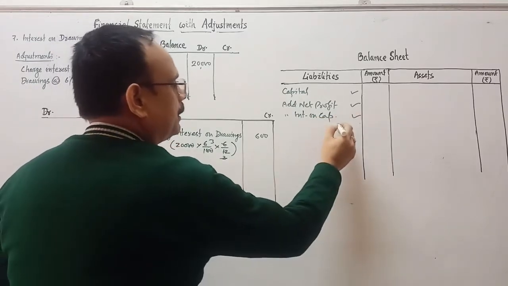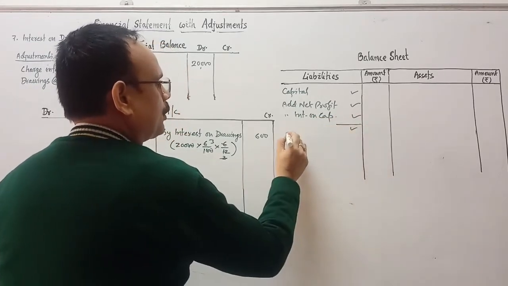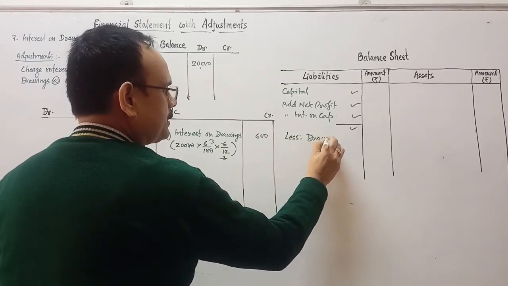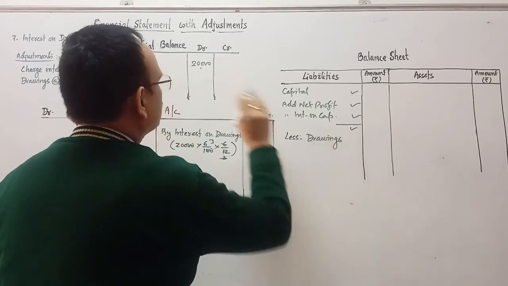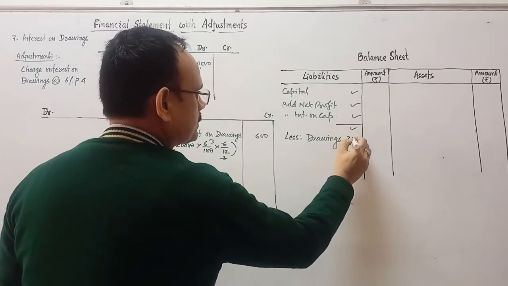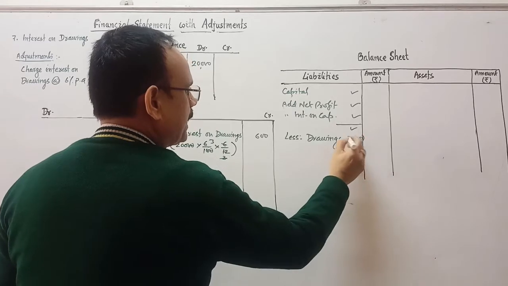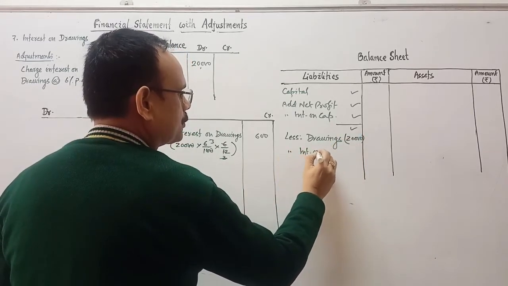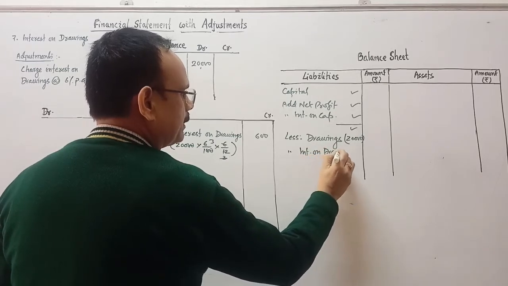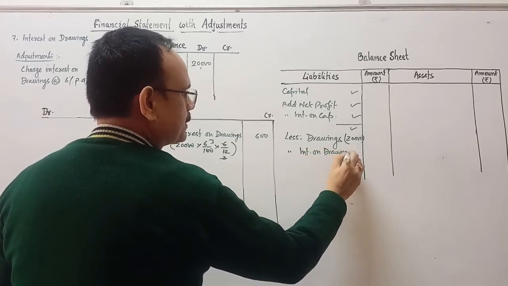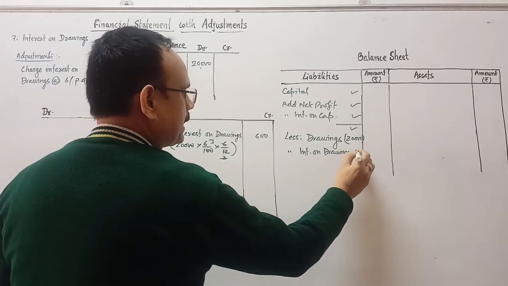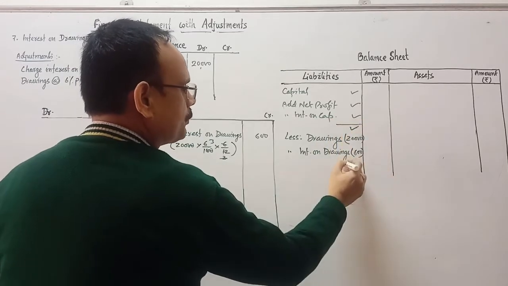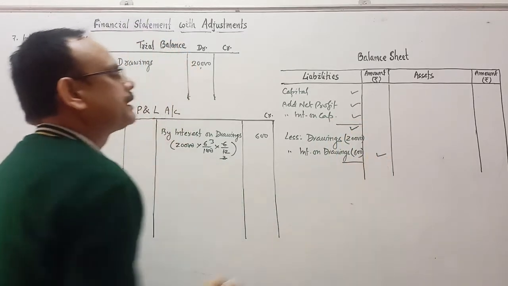From this total, we deduct the drawings, 20,000, as well as we will deduct the interest on drawings. Interest on drawings, how much is it? 600, we will deduct it. From this amount, we will deduct it and reflect the amount in the outer column.